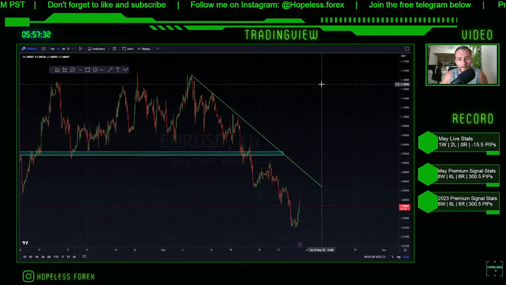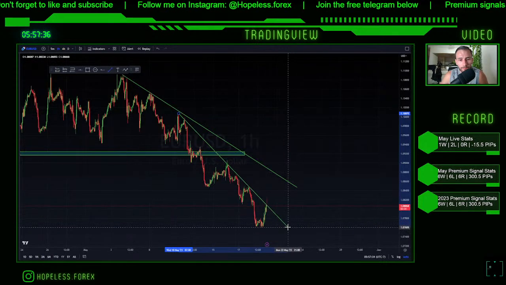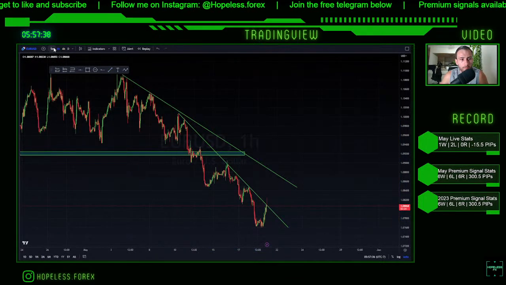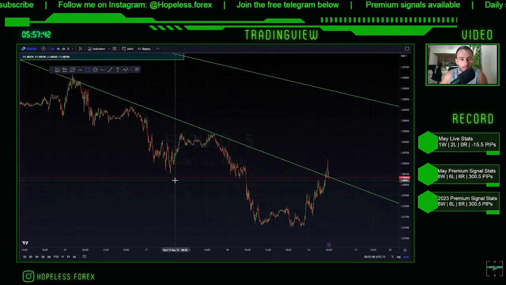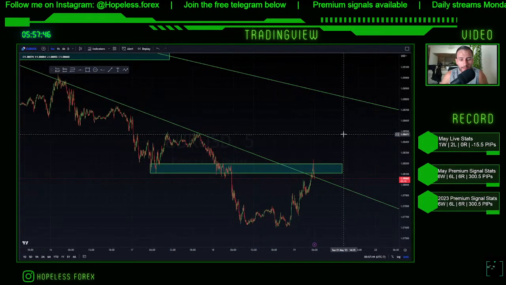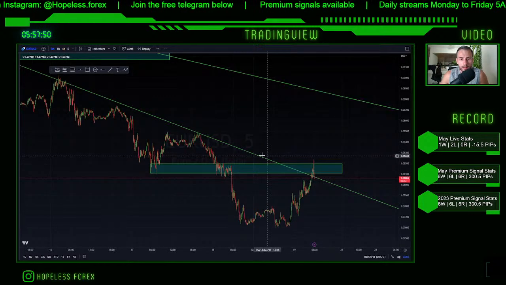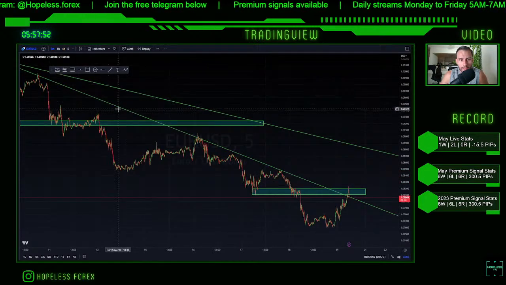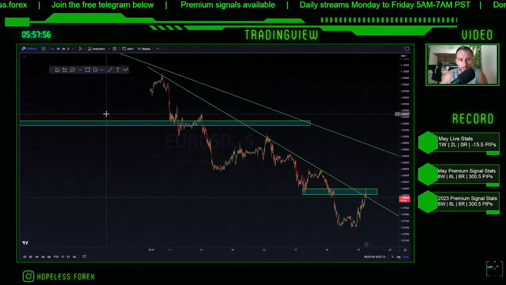EURUSD. I could almost see this being a good sell opportunity here. We've got this trend line level of support. We've got rejection, rejection, rejection.